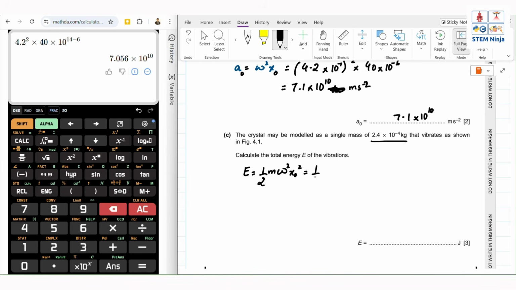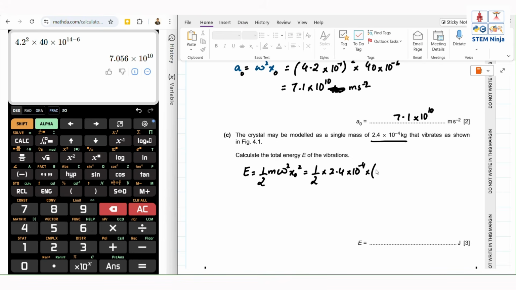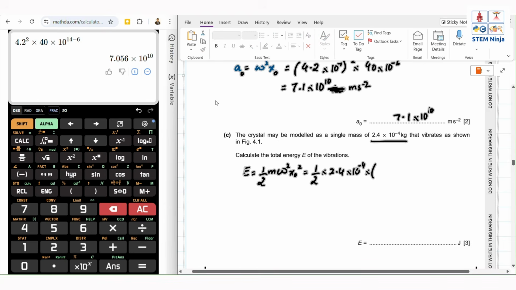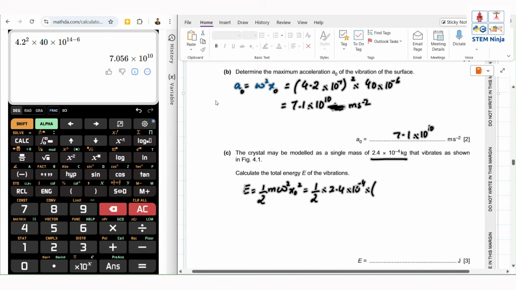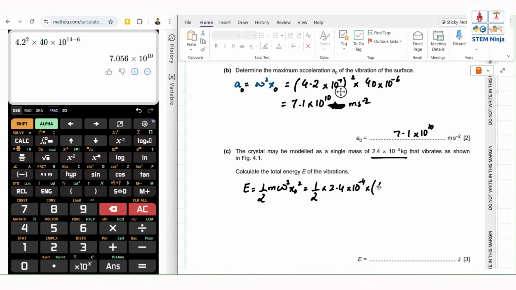So half times the mass, 2.4 × 10^-4, times omega, 4.2 × 10^7, and the other one was 40 × 10^-6, whole squared.